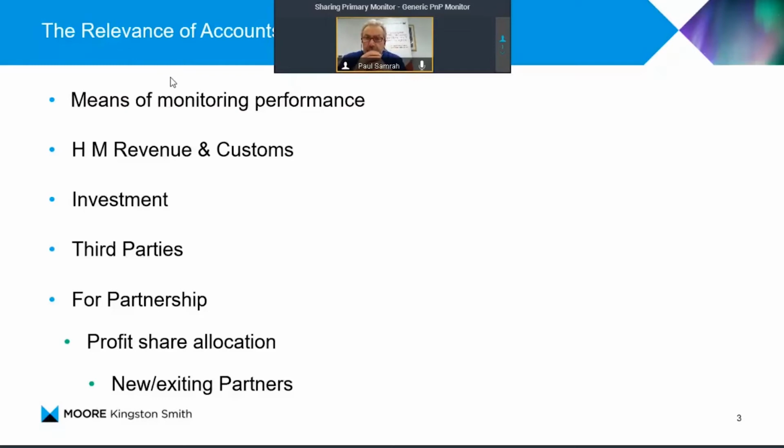And for new and exiting partners, they are able to determine how much is available on their current account if they're exiting to take with them. Also a new prospective partner would again be interested from an investment point of view as to how the partnership has fared. So some very good, compelling reasons for looking at a set of accounts and for ensuring that accounts are relevant.